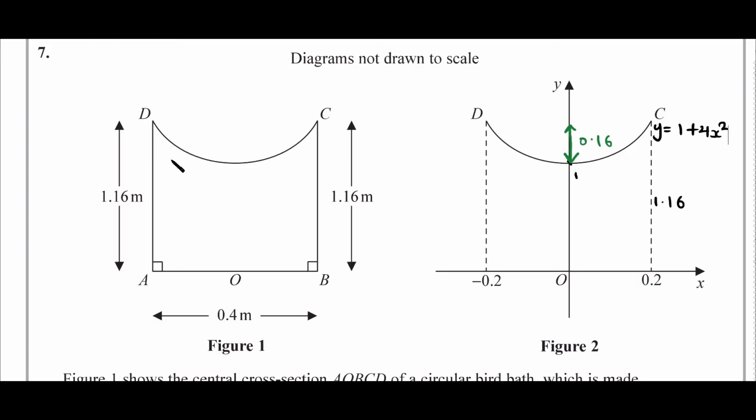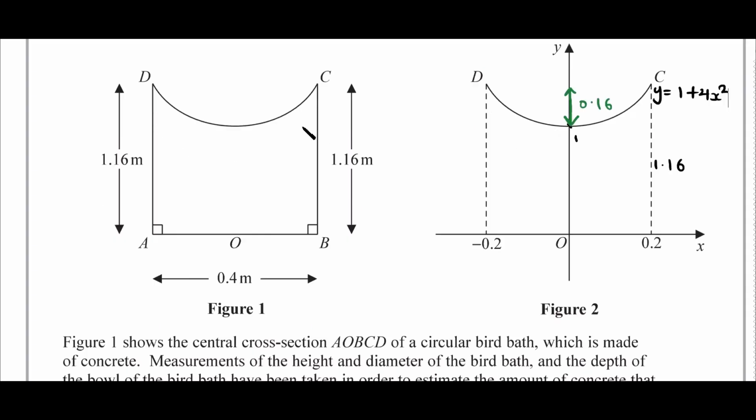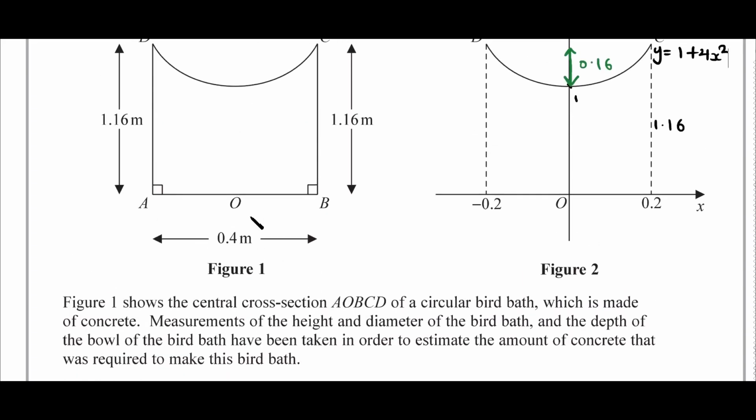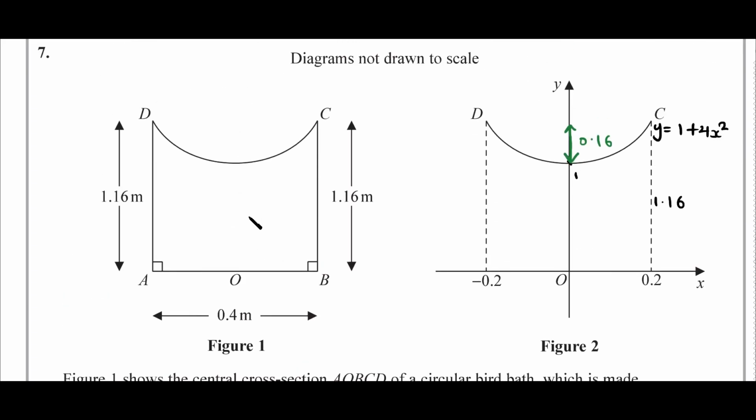We can work out the volume of the cylinder, because this shape is a cross-section rotated 360 degrees. So in this question, we're actually assessing the volume of revolution.